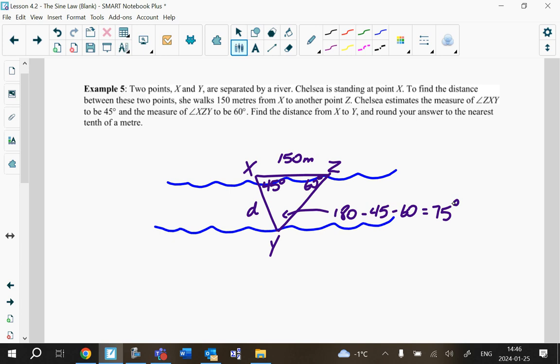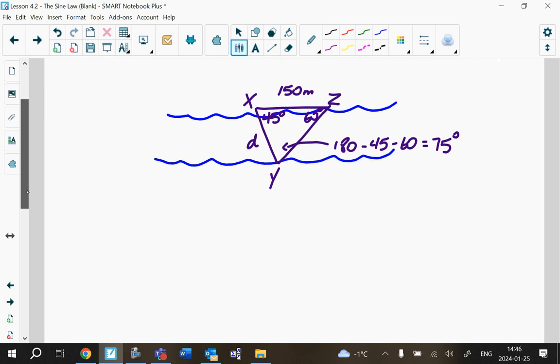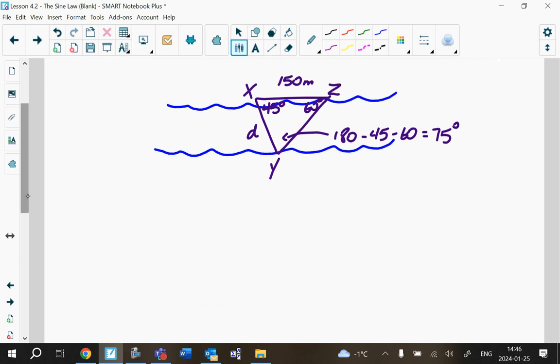Now I'm ready to set up my sine law. What's one of my fractions? What I'm trying to find over the sine of its opposite angle, which is 60, so d over sine 60. Yes. That's going to equal what? 150 divided by sine 75 degrees.